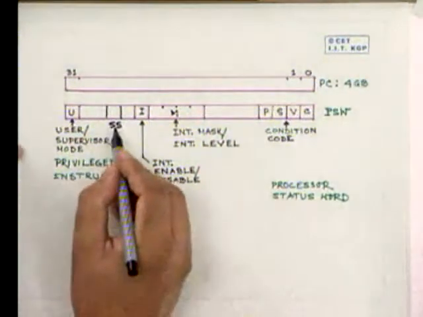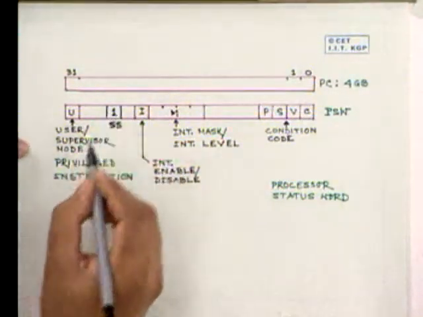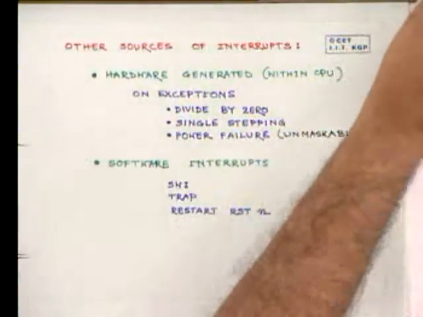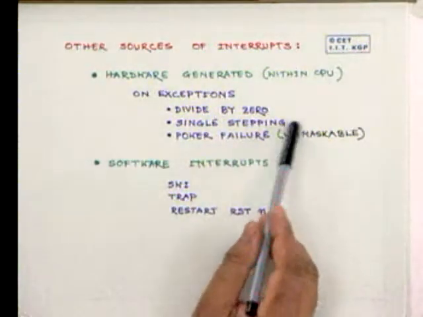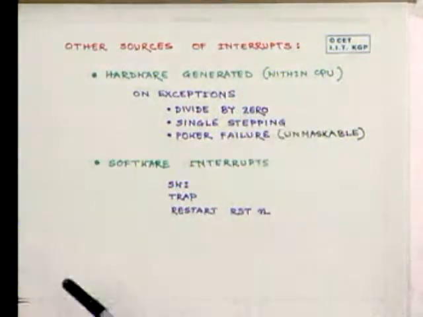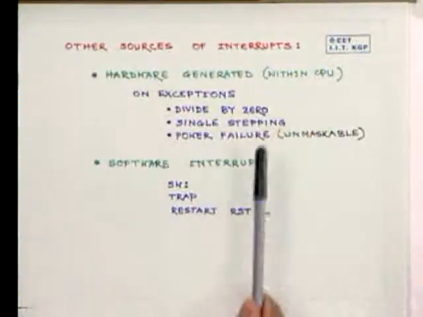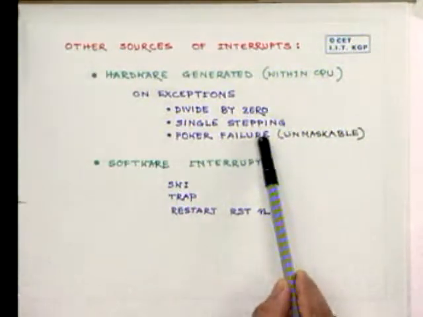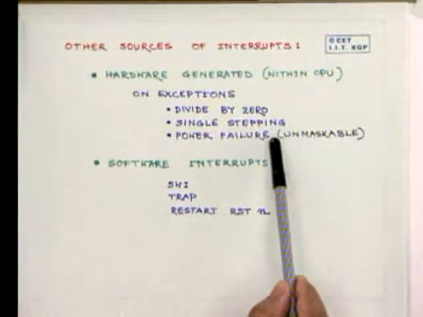And you can see that this is a very good facility if you have to debug. For example, if you do not know what is happening to your program and you want to single step through your instructions to see what is exactly happening, then this single stepping bit can be set. Another interrupt can be on power failure.